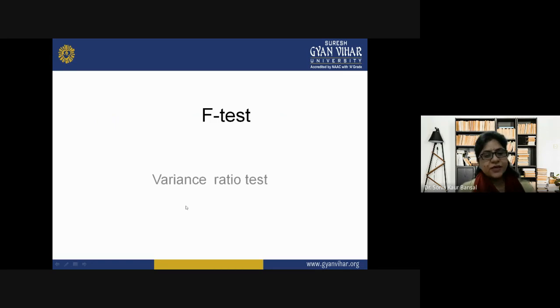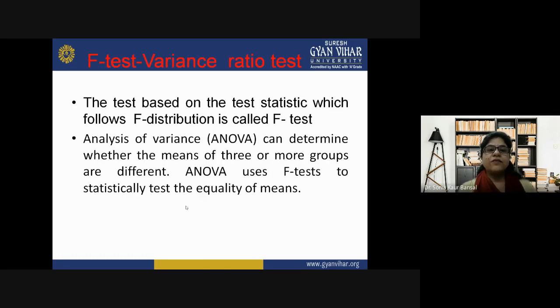The F-test is also called the variance ratio test. All right, students, variance ratio test. The F-test or variance ratio test is a test based on a test statistic which follows the F distribution. That is why it is called the F-test. Analysis of variance, ANOVA, can determine whether the means of three or more groups are different.